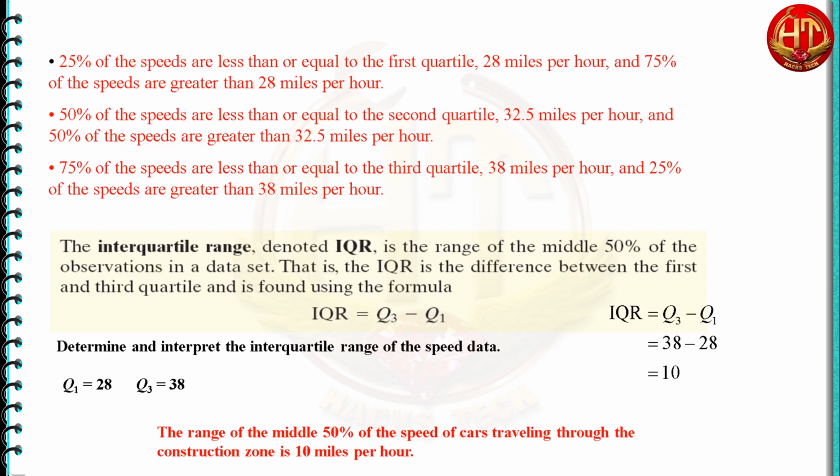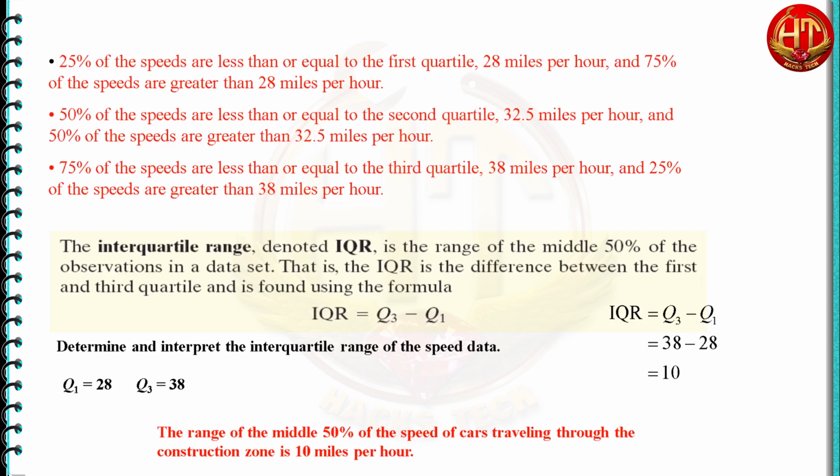So the range of the middle 50% of the speeds of cars traveling through the construction zone is 10 miles per hour. The interquartile range covers the spread of the middle 50% of the data. So your answer is 10.